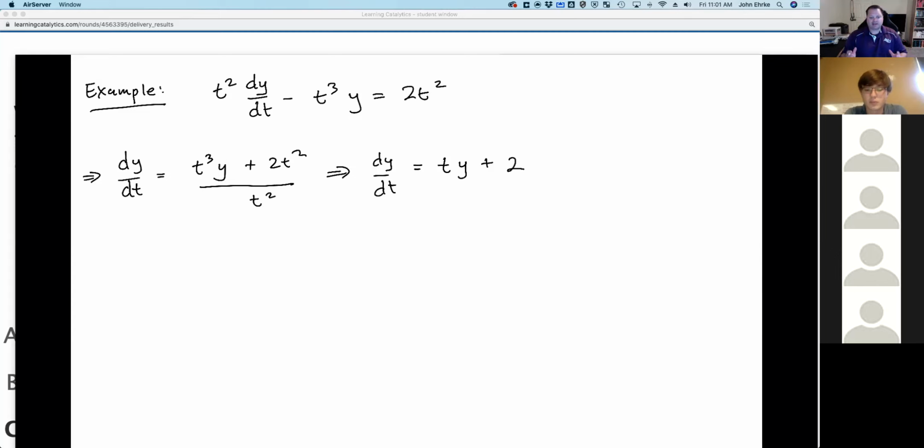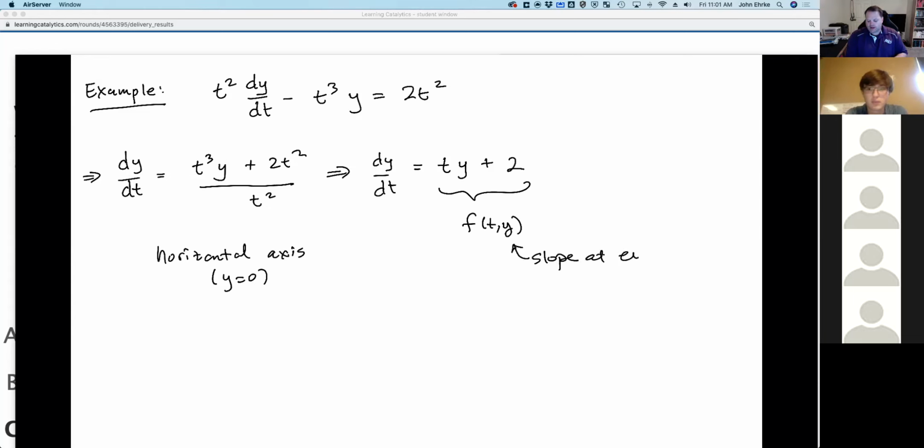The question that's asked is if you pass through the horizontal axis, so the horizontal axis is where y is equal to 0, right? So if you're passing through the horizontal axis, y is equal to 0. This function f of t, y tells me the slope at every point in the plane governed by this differential equation.